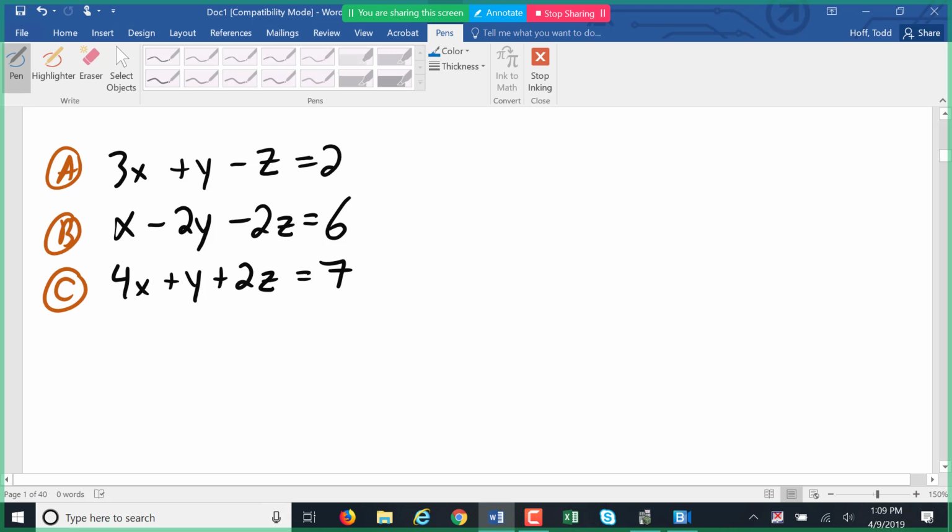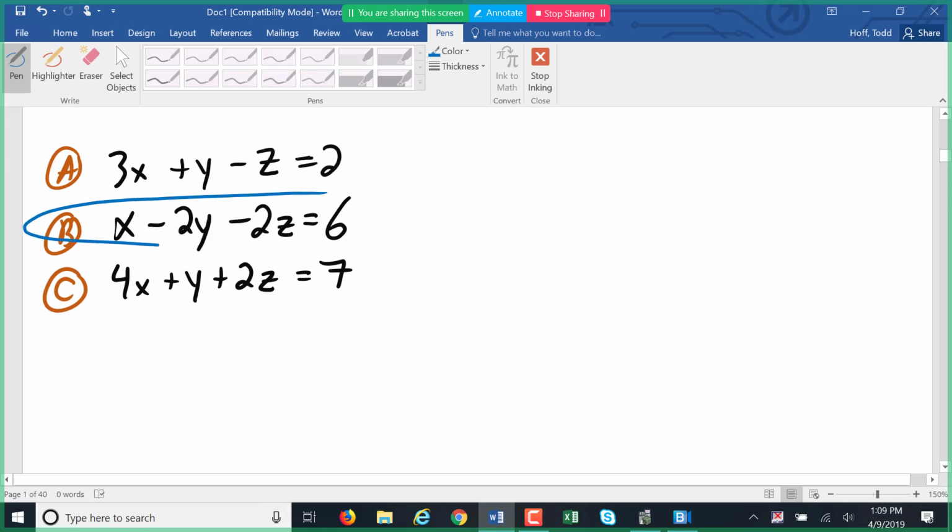Our first step is always pick one of the equations and solve it for one of the variables. Here all of them have at least one variable that would be easy to solve for. There's one equation that really sticks out that would be easy to solve for x.